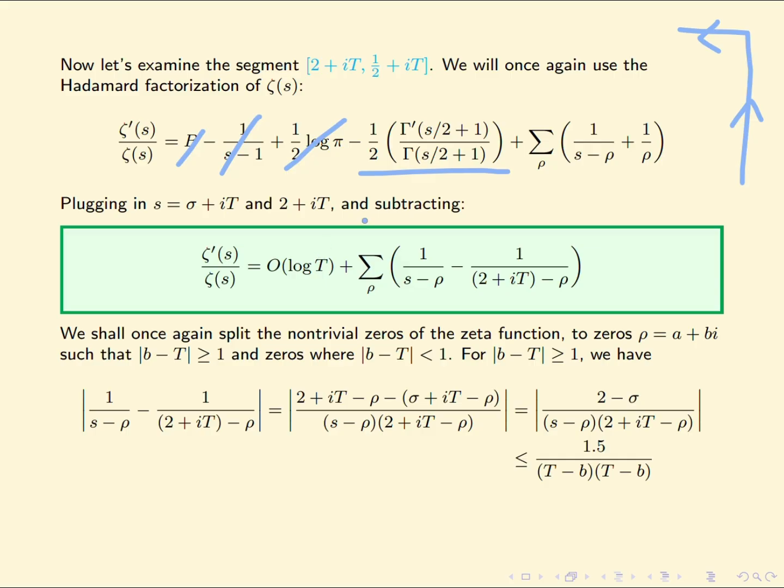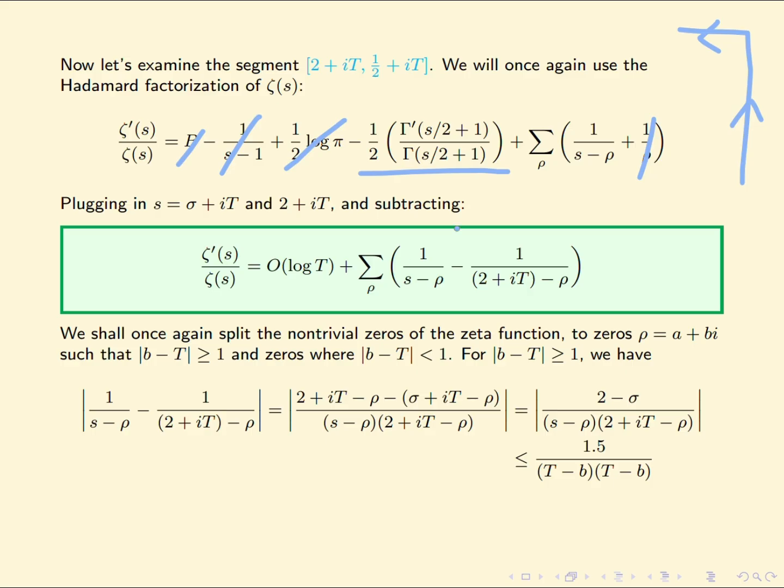So the only remaining terms are these, and when I have two copies of this equation and subtract, the 1 over rho is also going to cancel out because it does not depend on what s is. So I get the sum over all rho of 1 over rho, minus the sum over all rho of 1 over rho. So that's going to cancel out.